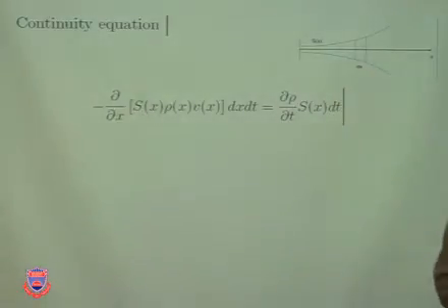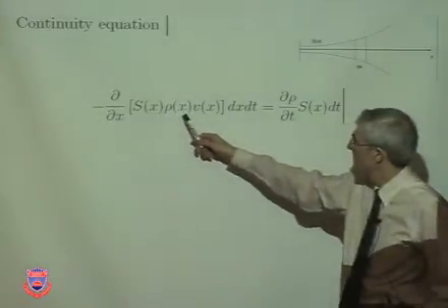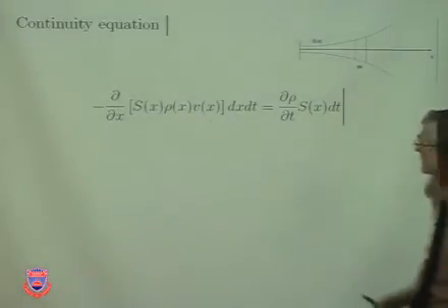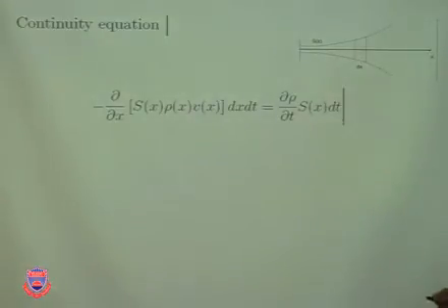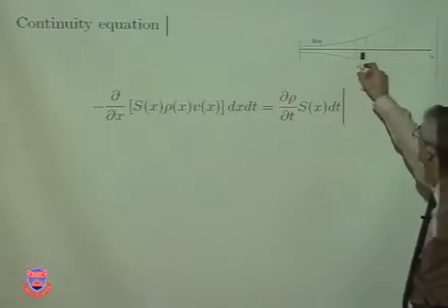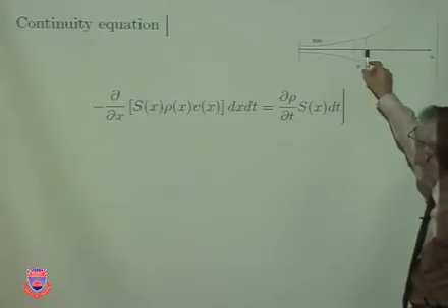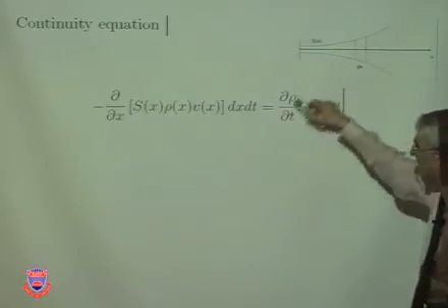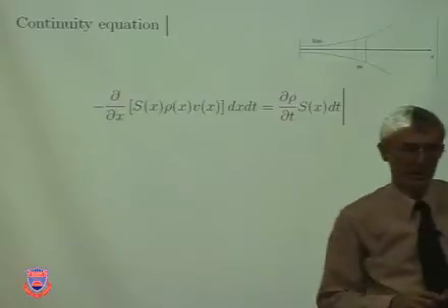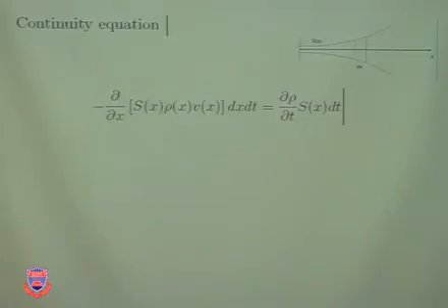Okay, cross-sectional area S changes with the axis. Density rho, and particle velocity v, and again del rho over del t, S dx. So the change in mass between the two sides of this elemental mass is balanced by the forces.